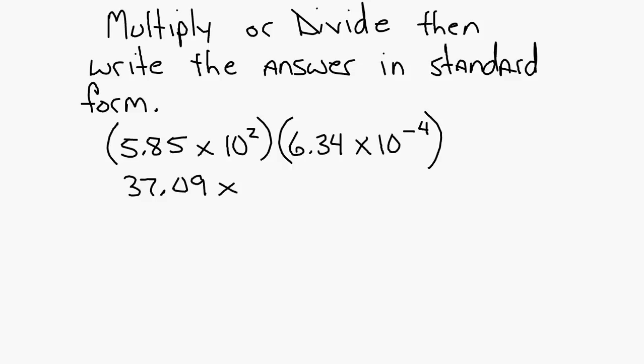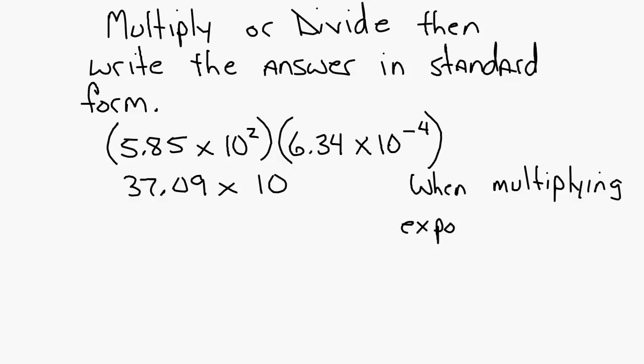37.09 times 10. Now, when you multiply 10 squared times 10 to the negative fourth, you add the powers. Okay? So write this down, when multiplying exponents, add the powers.